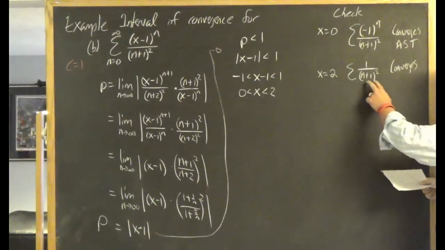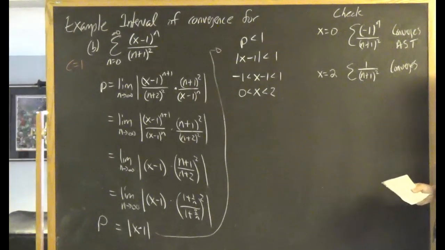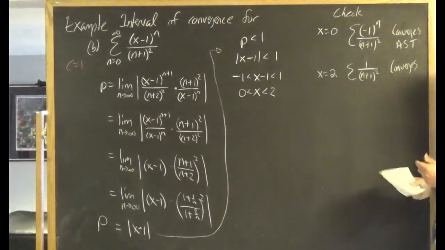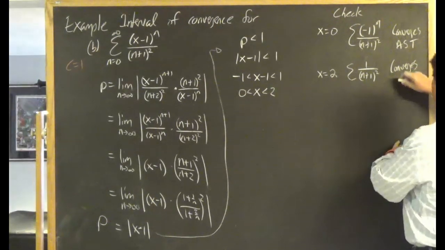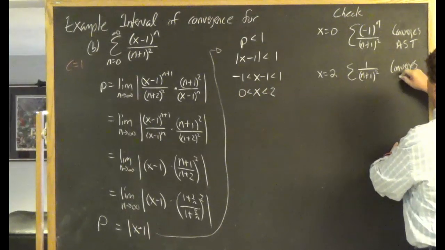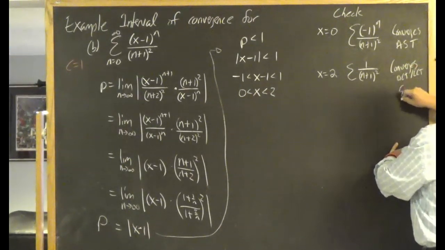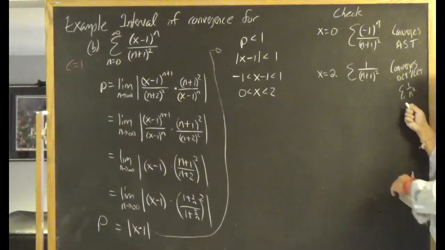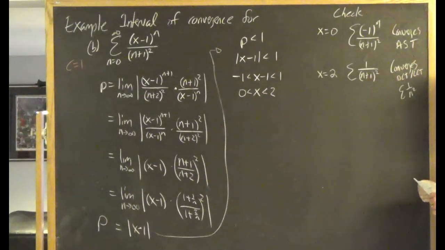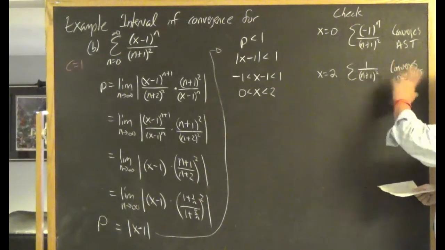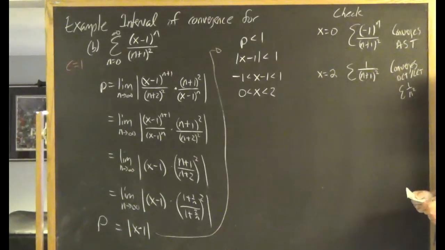I would compare it to the series 1 over n squared, either with a limit comparison test or a direct comparison test to the known convergent p-series 1 over n squared. See why we learned all those tests back in chapter 10? They're used to finish off one of these interval of convergence problems.